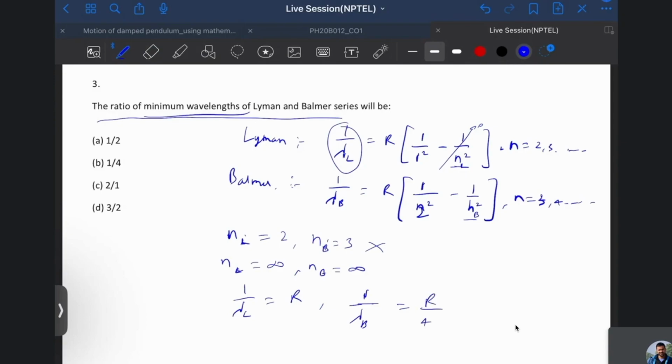And when you take the ratio of lambda L to lambda B, it is just 1 by 4, correct? So I don't know how you knew the answer, but yeah, your logic was wrong. So, okay, think about it.